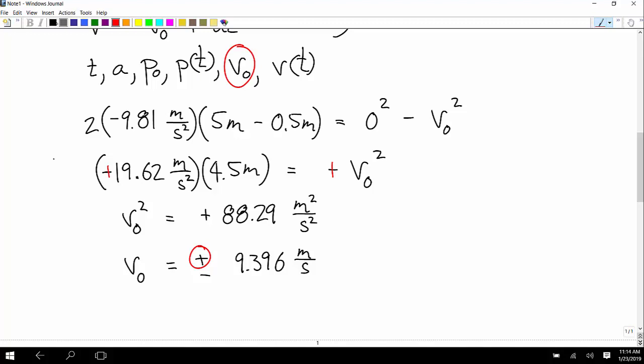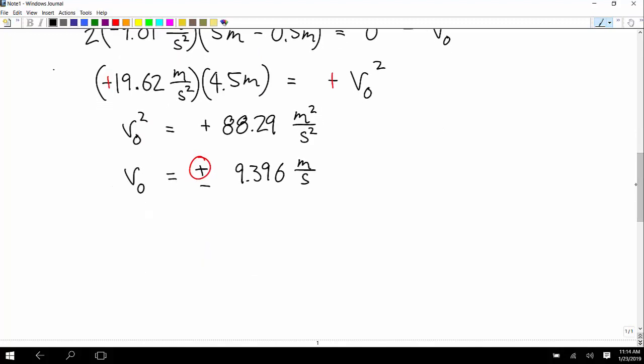Okay, so now for part B, now we want to know how fast it's going when it gets back to a height of 0.5 meters. So we have time, acceleration, p0, p, v0, v.